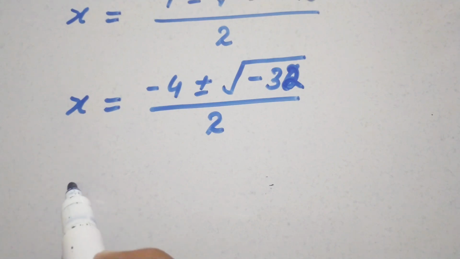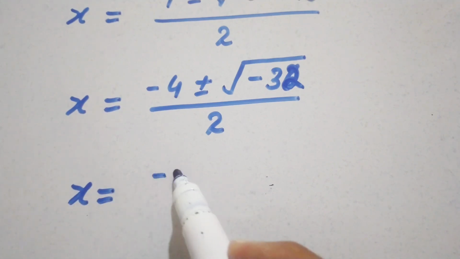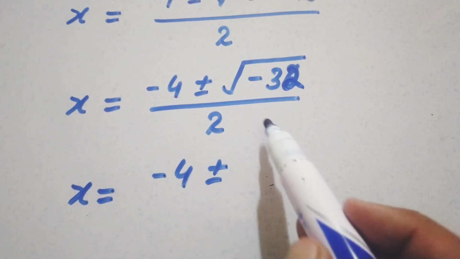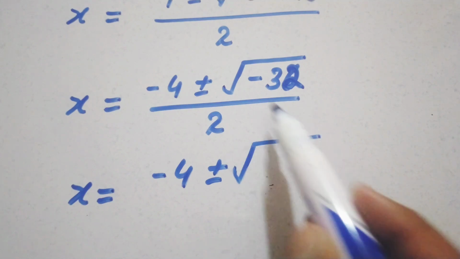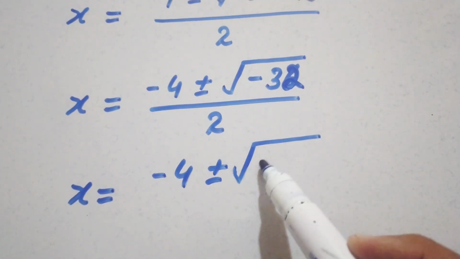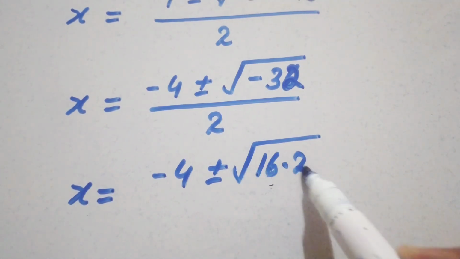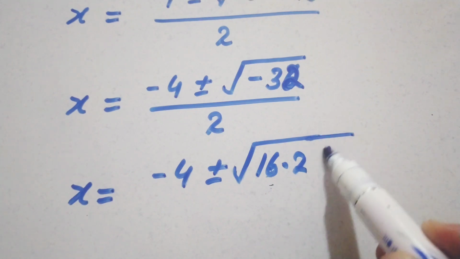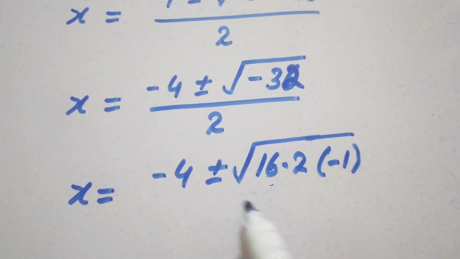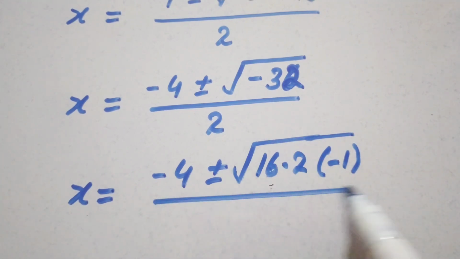So now x is equal to minus 4 plus minus square root of 32. We will write this as 16 multiplied by 2, 32, and multiplying this with negative 1, we get minus 32, divided by 2.